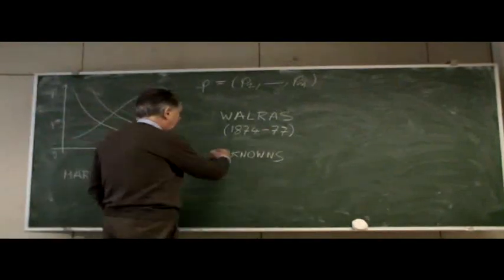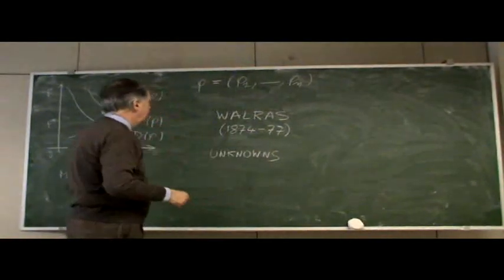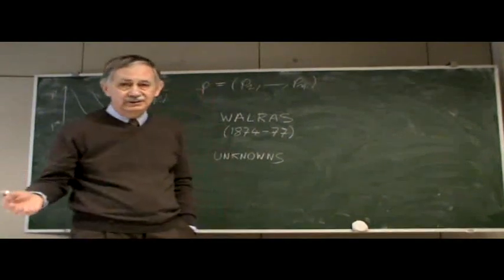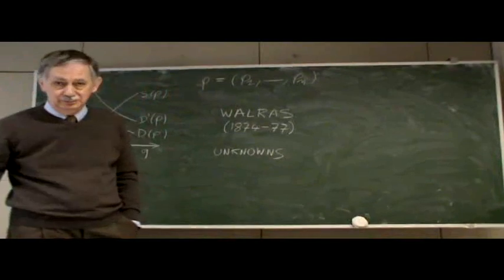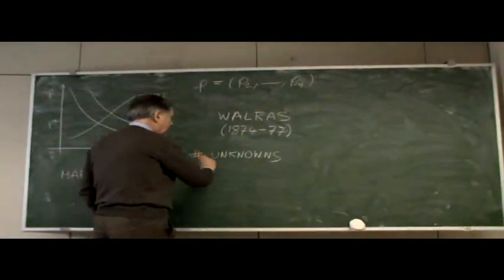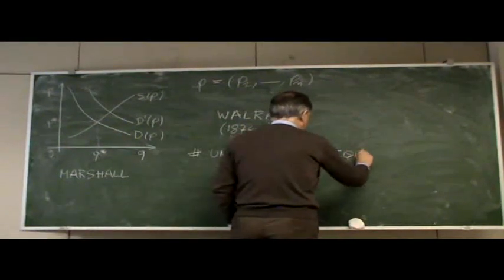Which are these unknowns? Clearly, the prices, the price system, but also the demanded and supplied quantities by every subject. This is the set of unknowns. And the number of unknowns is exactly equal to the number of equations.